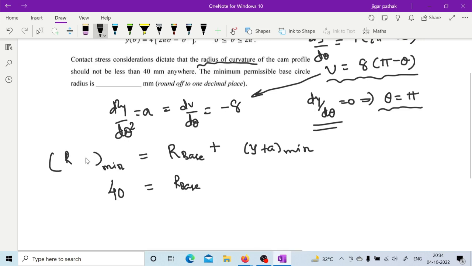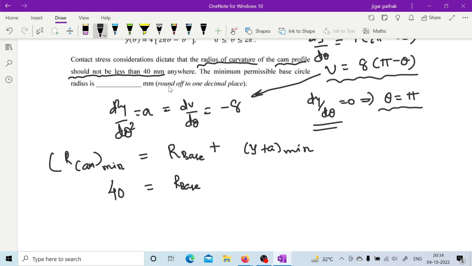It is for the cam profile. So the minimum radius of curvature for the cam profile should not be less than 40 mm anywhere. So r cam minimum is equal to r base plus y plus a minimum.